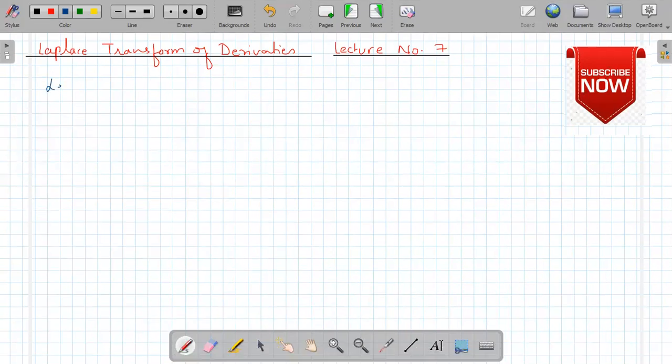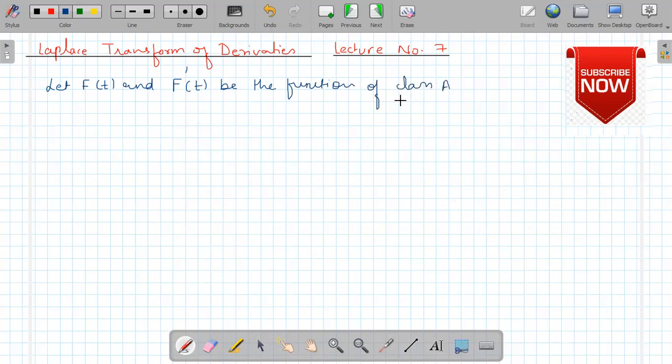So let we have f(t) and f'(t). f'(t) means derivative of this function f(t), be the functions of class A. You know the meaning of class A: both of these functions are piecewise continuous as well as of exponential order.